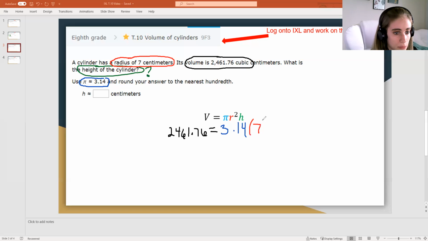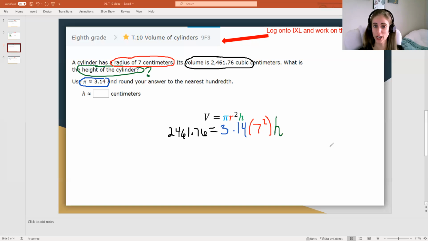We still have our radius. And then this time our height is what we're looking for. That is our unknown, which means it stays a variable.